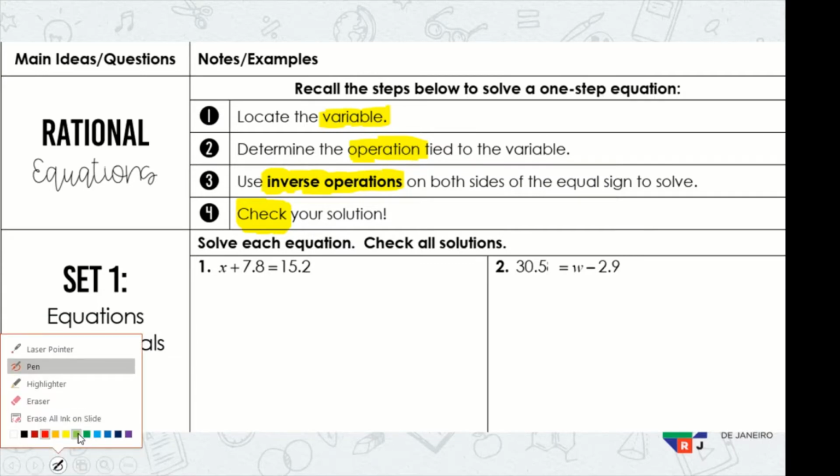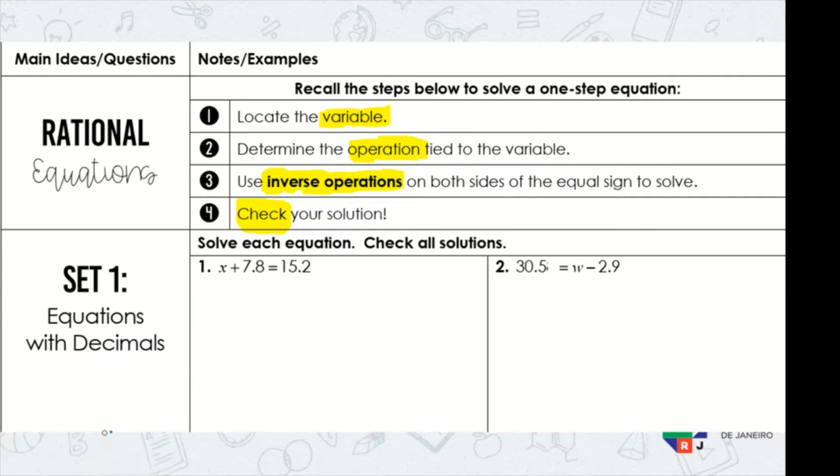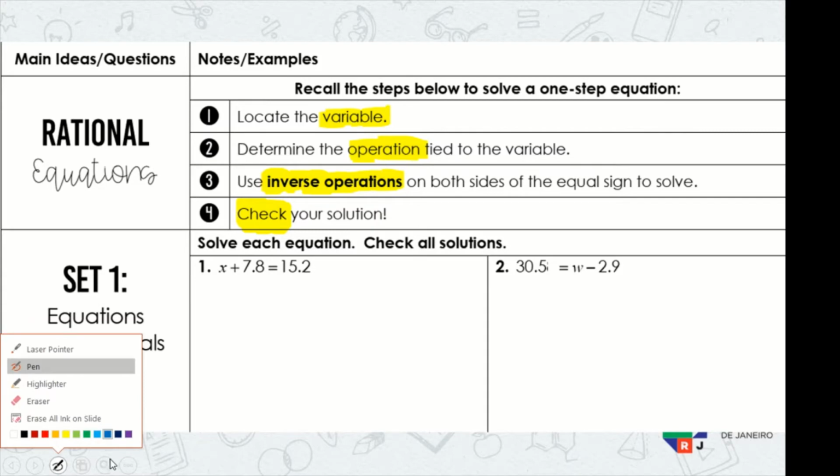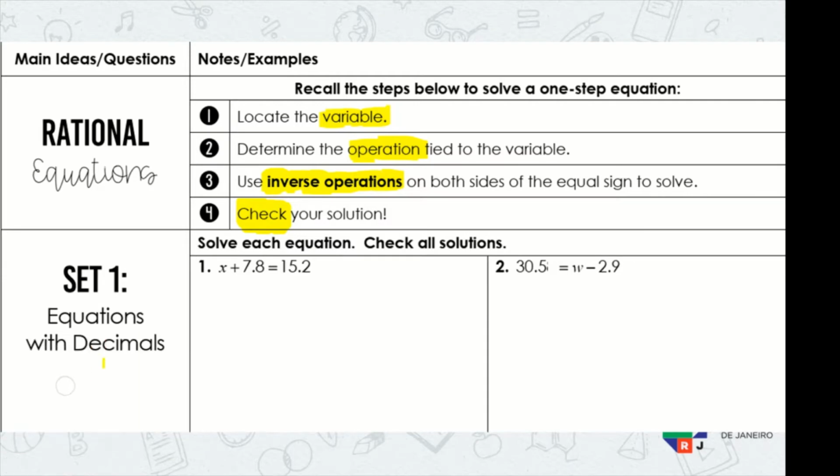Step number 1, I have to locate the variable. Where is the variable? Right hand side or left hand side? Oh, right and left. Oh, sorry. Where is it? Left hand side. Let's highlight this information then. Left hand side, here's my variable.